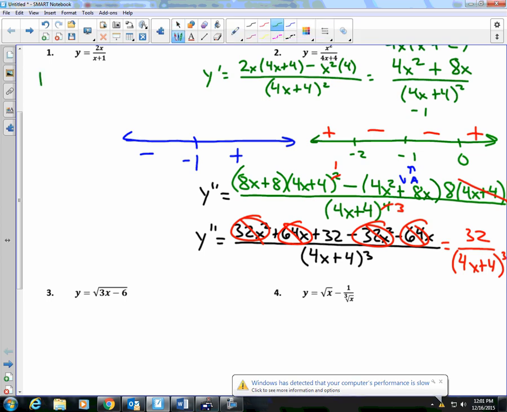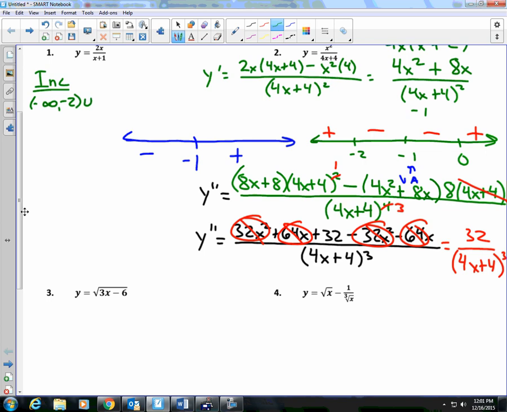So therefore, my interval of increasing will be from -infinity to -2, and from 0 to infinity.